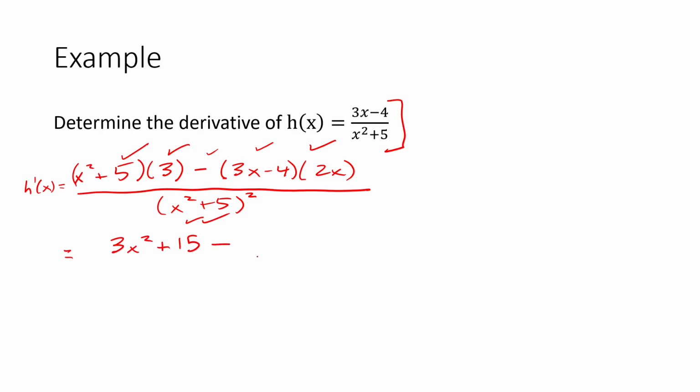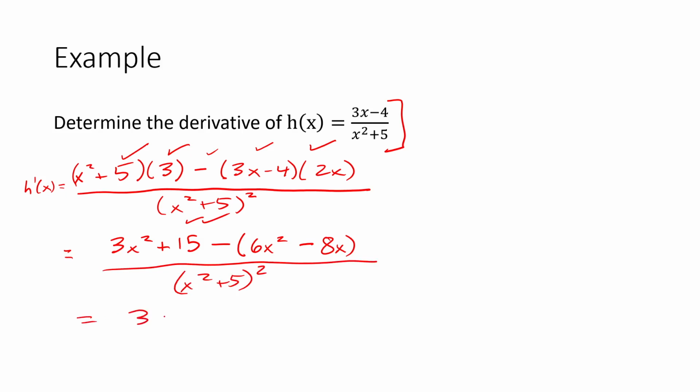But if you wanted to simplify that, you could make that 6x squared minus 8x up top, all over x squared plus 5 quantity squared. It isn't always a requirement that you need to simplify, but sometimes it is not too difficult to do that.